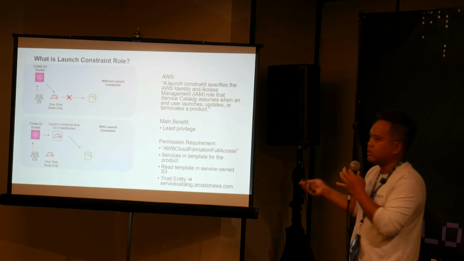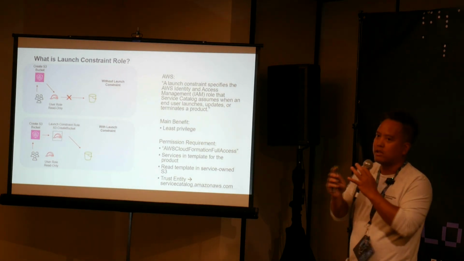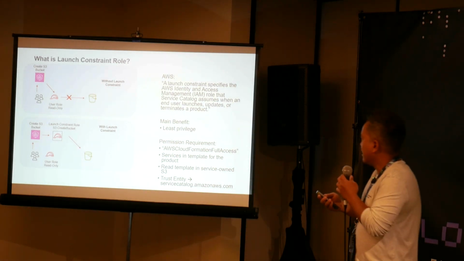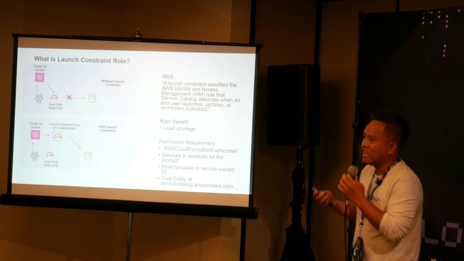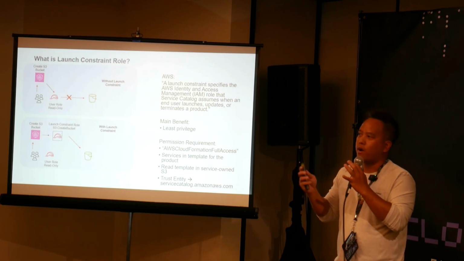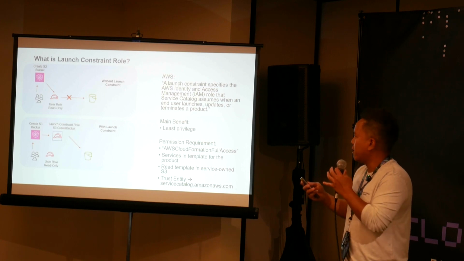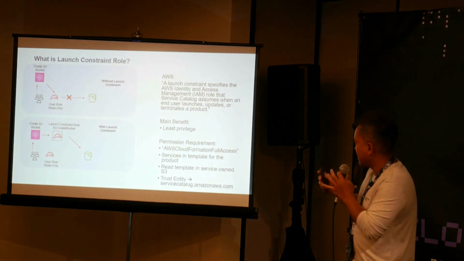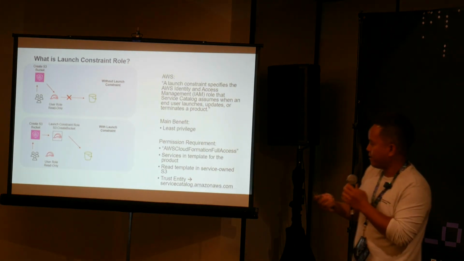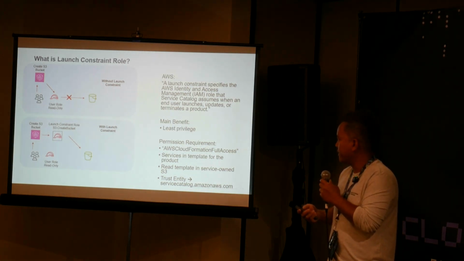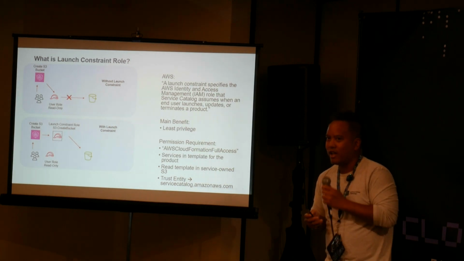Hence, you'll be able to provision the resource without even giving the permission to the user themselves. Now, the main benefit is least privilege, right? You don't want to give everyone every permission they want to be able to create things. However, there is a kicker: people can abuse this nice feature that AWS has.